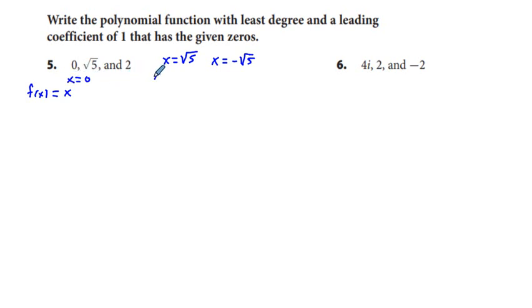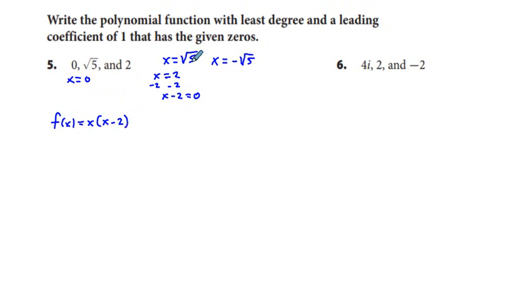If we have x equals 2, our factor for that, if we subtract 2, is x minus 2 equals 0. So f of x is equal to x times the quantity x minus 2.